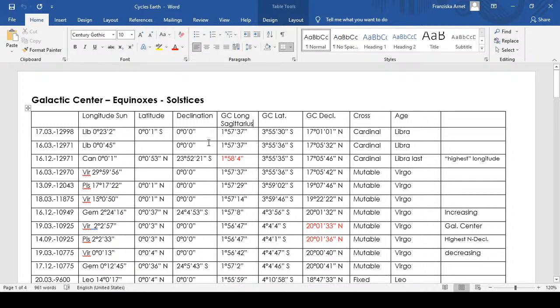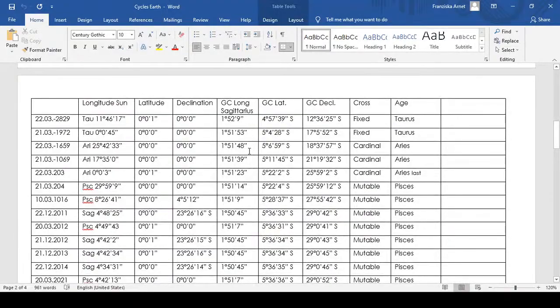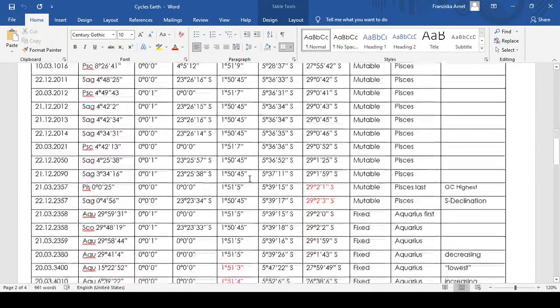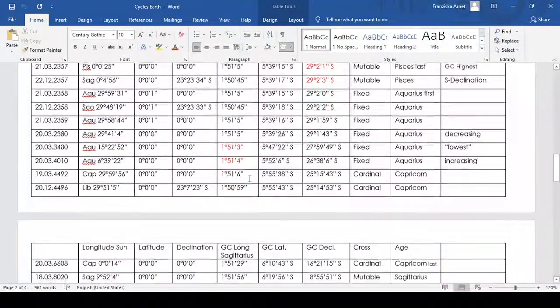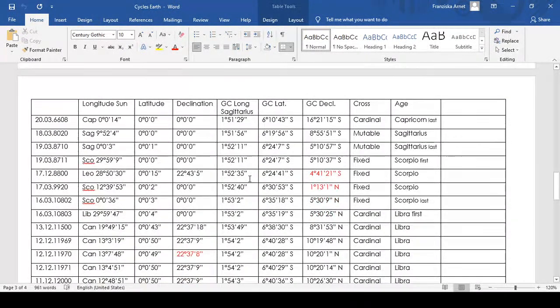And the same principle we have, of course, for the galactic center, right? And I found it very interesting that on the long run, it's really the galactic center, even though it does move in longitude, as you can see, goes down, down, down, but then it goes up again too.